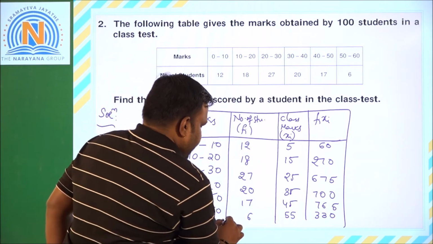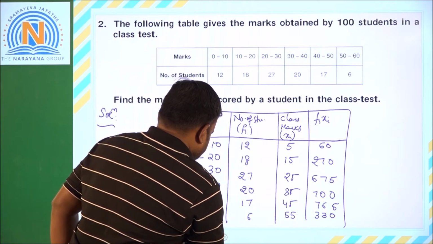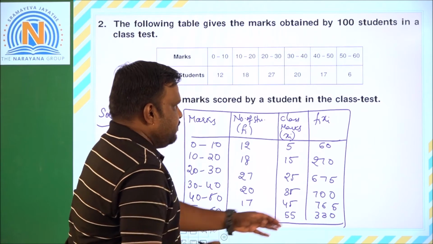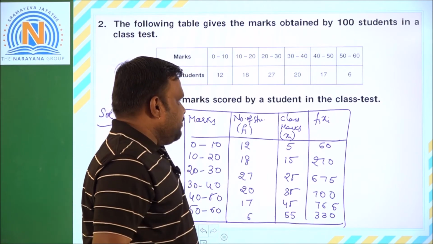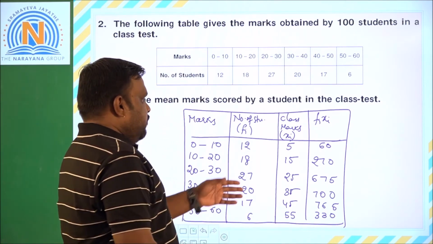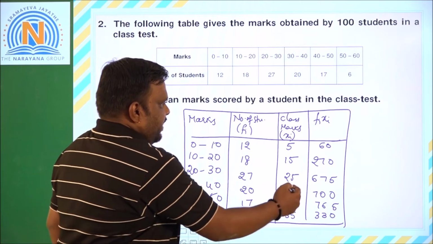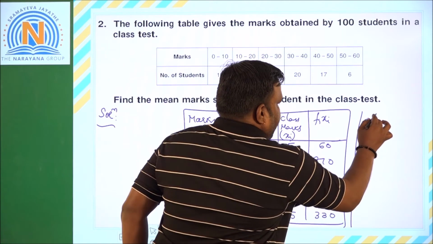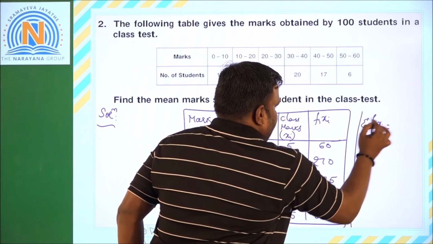So when you go for the next part, that is sigma. These are the columns we have done. Here comes sigma Fi Xi, and here comes sigma Fi. That has to be written below. We will do the calculation part and write it in the next case. Here sigma Fi Xi is the summation, the complete addition of this.